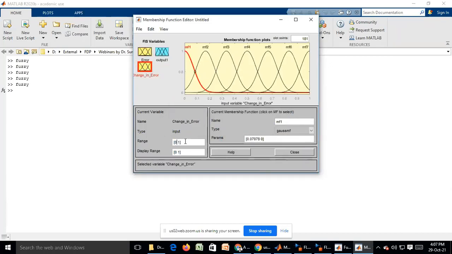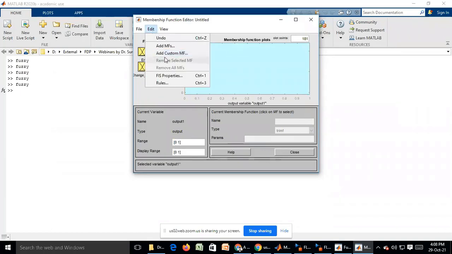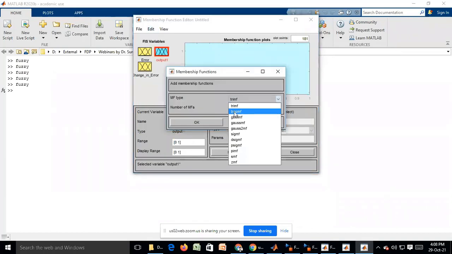See, -10 to 10. Again here I need to change: 0, positive small, positive medium, positive big. In the same way, the output also has to be changed. Just for your understanding, I'm showing how trapezoidal will be.